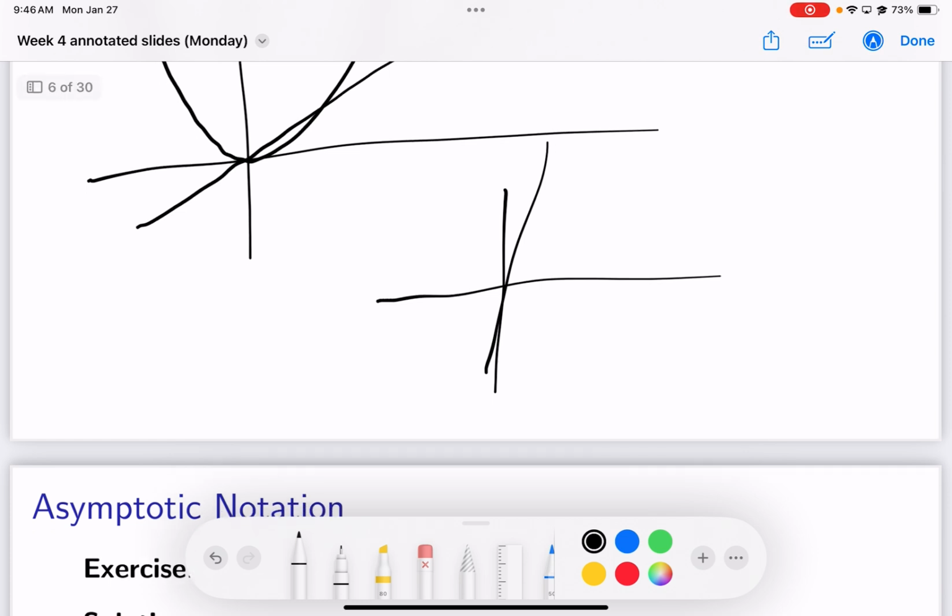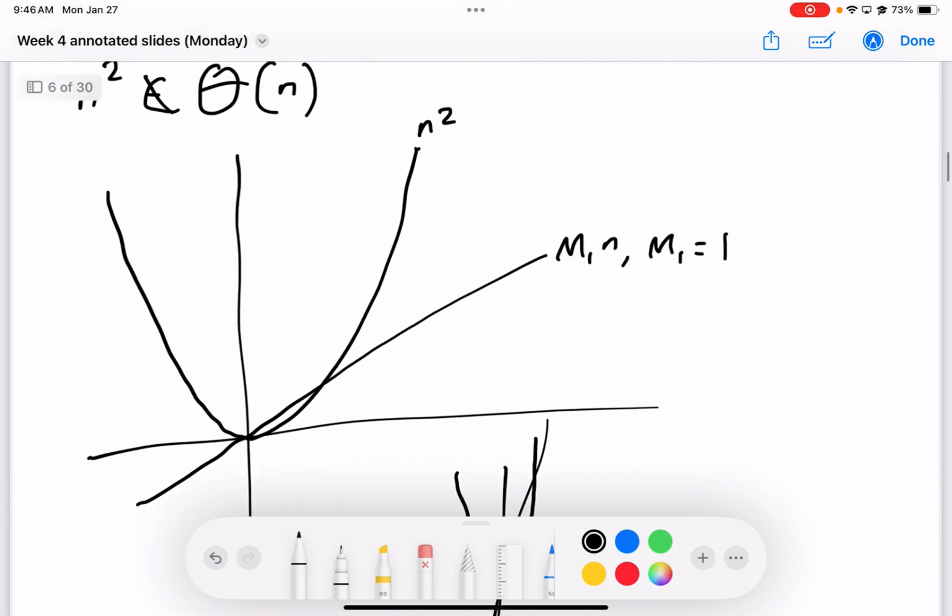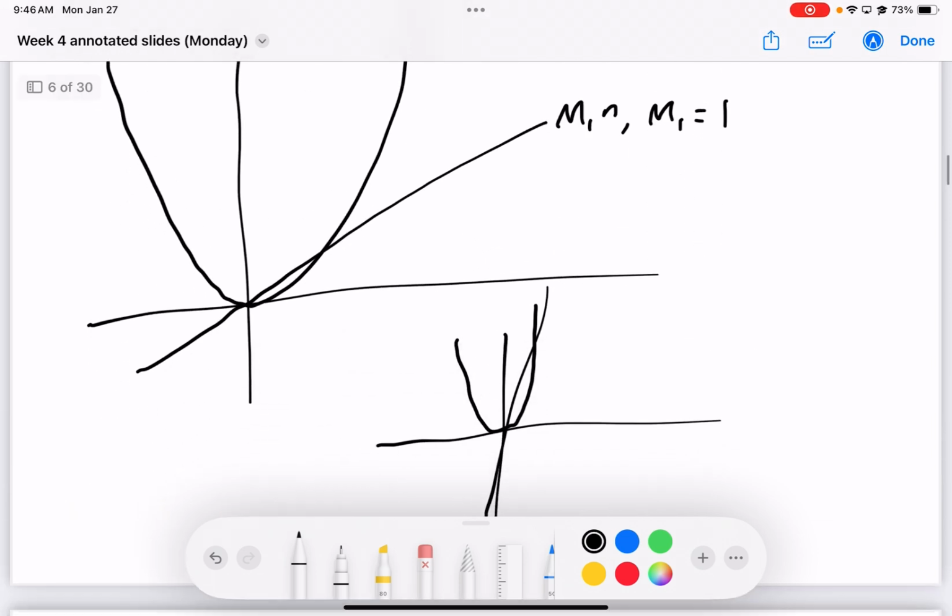This graph hypothetically is very zoomed out, but n squared will overtake it anyway. For any constant multiple m, or m2 specifically here, n squared will always eventually become greater than n times that constant multiple and stay that way.